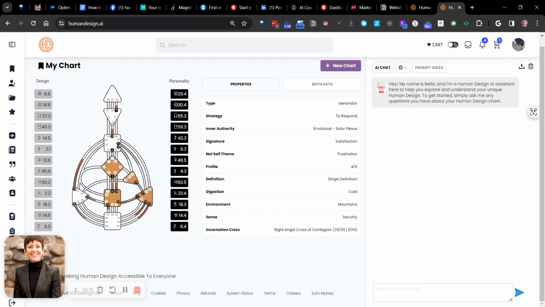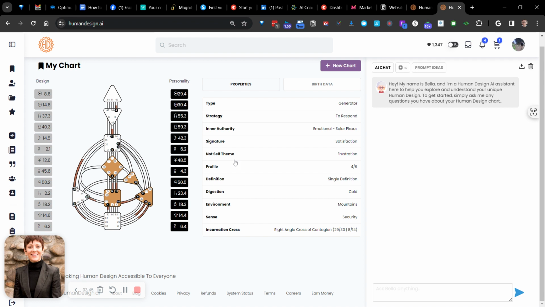Authority is essentially how you are designed to make the most aligned decisions. So type, strategy, authority, these three things, along with your signature and not self themes, can be the most important foundations to learn about when you are just learning your human design.